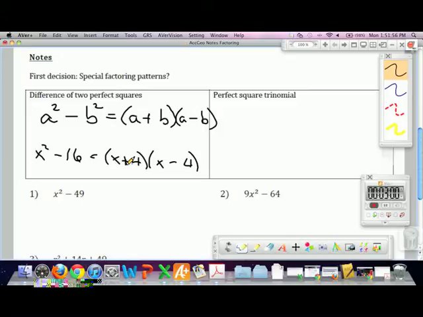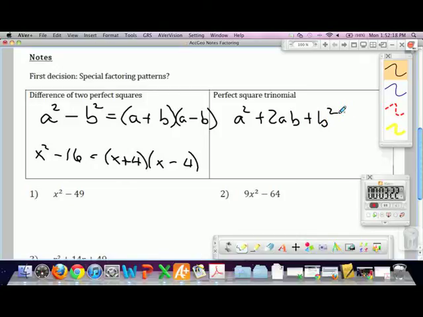Another pattern was a perfect square trinomial. The general pattern is a squared plus 2ab plus b squared.